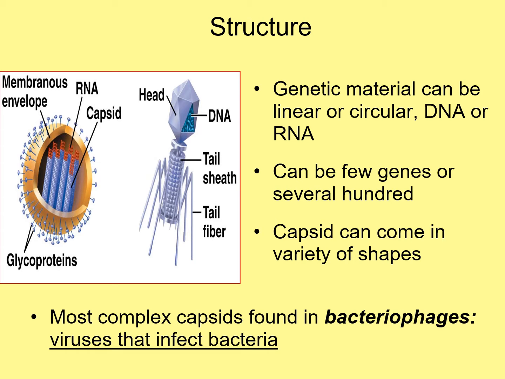Those are called glycoproteins, and basically they help the virus to essentially decode the receptors on the surface of the host cell and fool the host cell into allowing the membrane coat to merge with the host membrane.